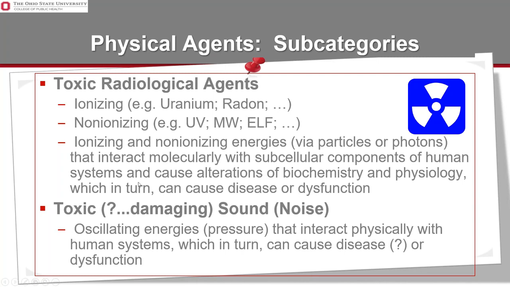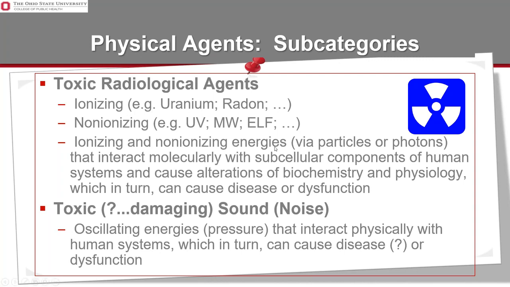The second subcategory is the non-ionizing radiation. And the distinction here is non-ionizing radiation is electromagnetic radiation. So it's 100% wave-like. Ionizing radiation can be particle-based, as I already alluded to. And again, more on that.